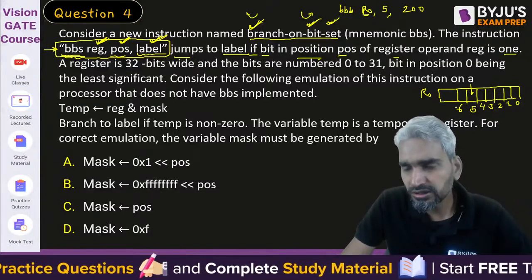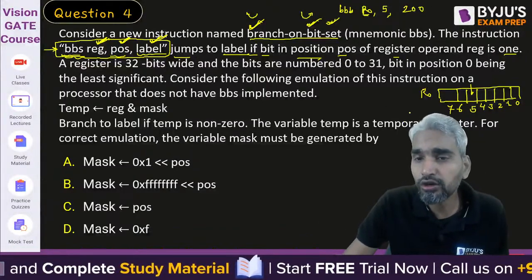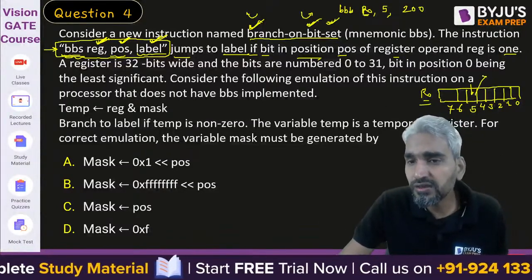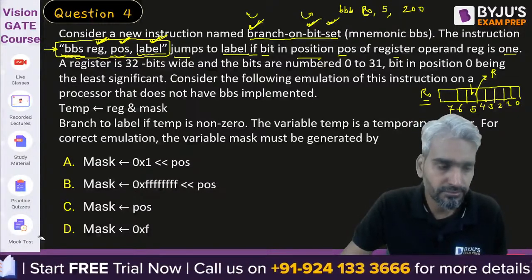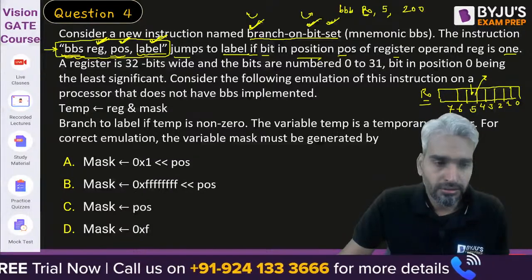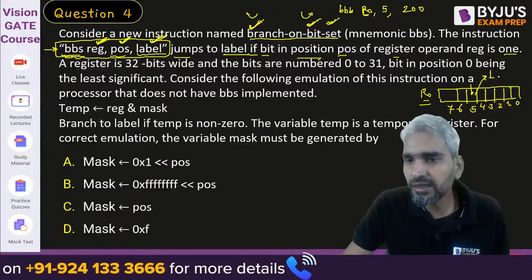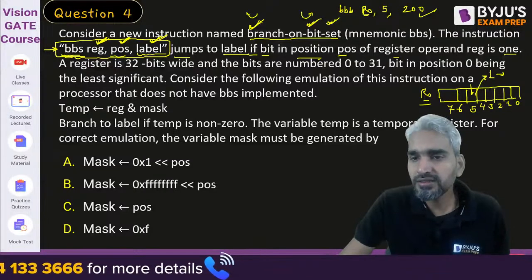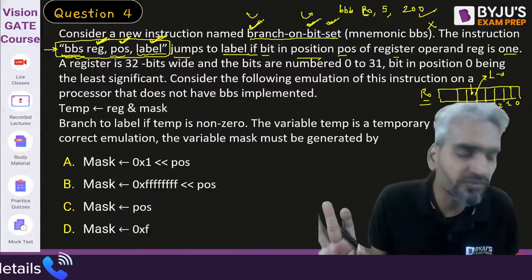This is position 6 and this is position 7, 0 to 7, 8 bits. In this register R0, if this bit is 1, then we will jump to 200. If this is 0, then we will not jump to 200. That's the simple aspect of this particular question.